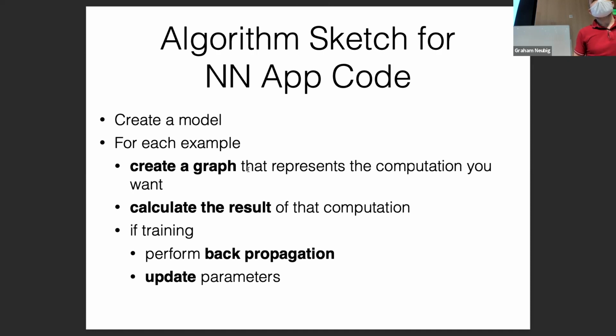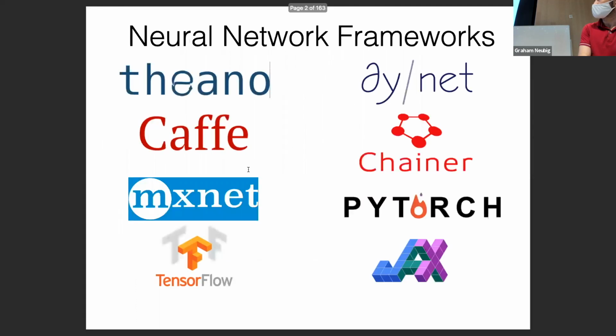This in particular is a sketch of a dynamic neural network toolkit, which contrasts with a static neural network toolkit based on static computation. PyTorch, Chainer, and DyNet are completely based on dynamic computation.